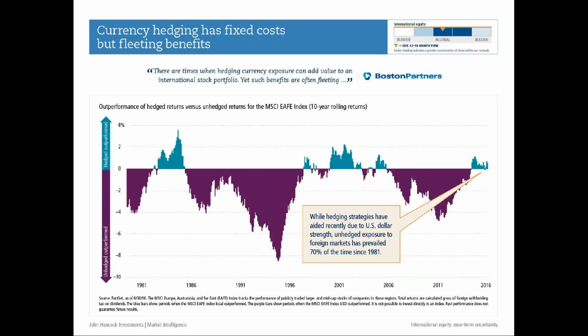If you go all the way to the right, you can see hedging has worked. The dollar strengthened, other currencies globally depreciated, so you did not want to have that international currency exposure. You wanted to hedge it out, and that has worked. The thing is, if you put this in context over the last 30 years, it hasn't happened that often, and when it's happened, it hasn't lasted a significant period of time.